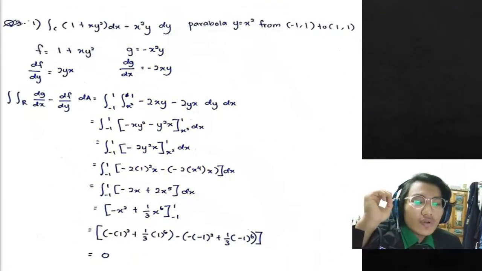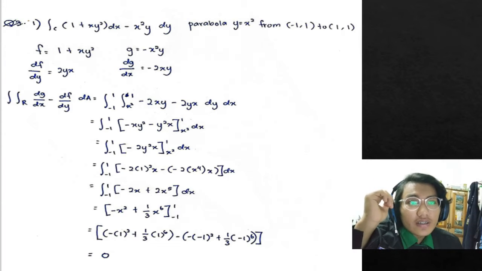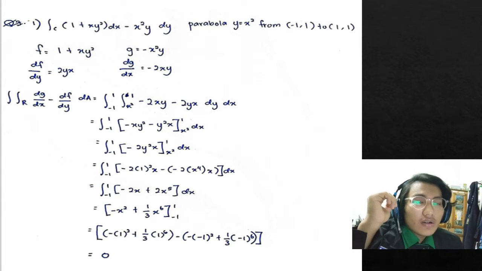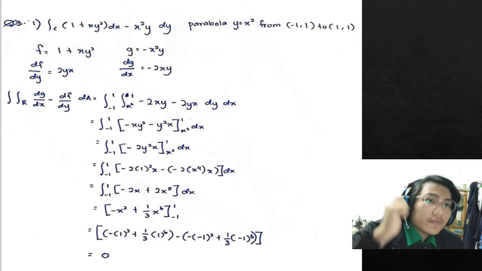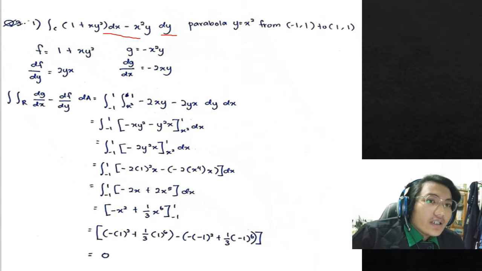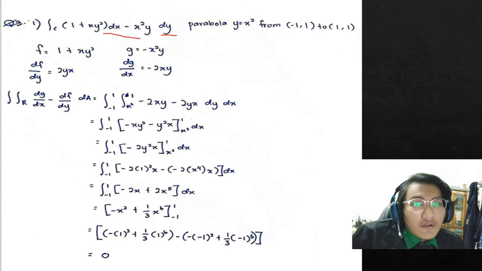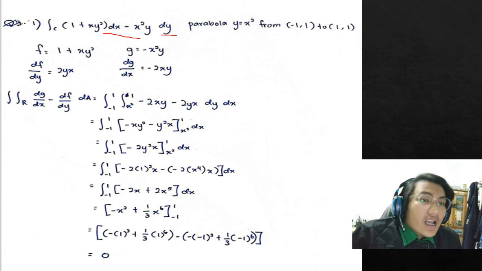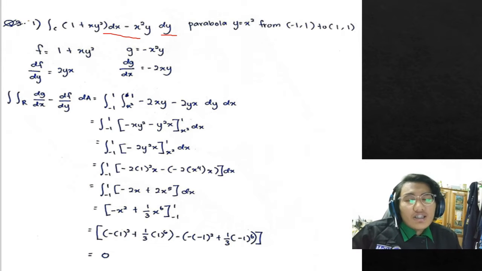Today I will show how to solve the example question using Green's theorem. Okay, first we need to know where f and g are in the question. Now f is for the dx and g is for the dy. Then we differentiate f and g into df over dy and dg over dx, and we get df over dy is 2yx and dg over dx is negative 2xy.